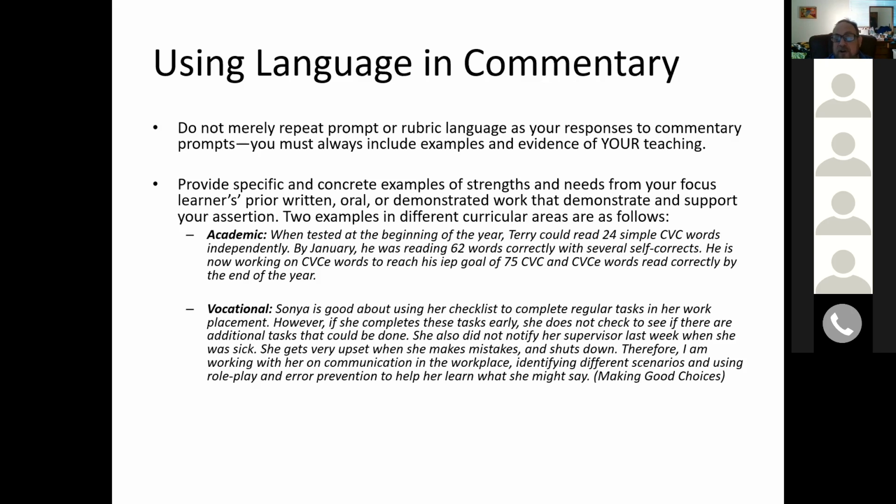So notice that this is very specific, isn't it? And it gives the numbers, it refers back to the IEP goal, and that's why it is a good example of what to write in the commentary.